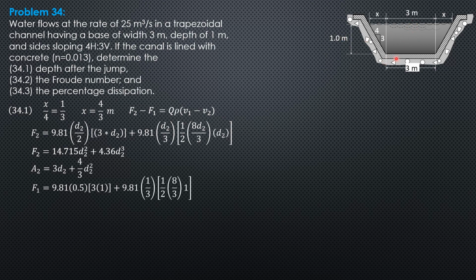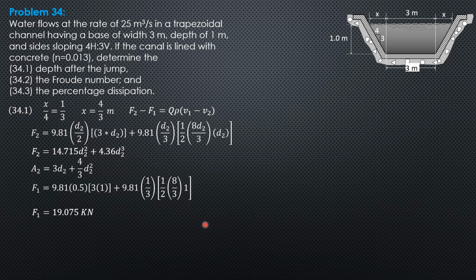Then area is 3 times 1 for the rectangular part. For the triangular part, specific weight 9.81. H-bar is 1/3 for the triangular part. Then the area is 1/2 of 2x, or 1/2 of 8/3 because x is 4/3 times 2, so 8/3 times depth 1. So we can combine. F1 is equal to 19.075 kilonewtons. This is also in kilonewtons.